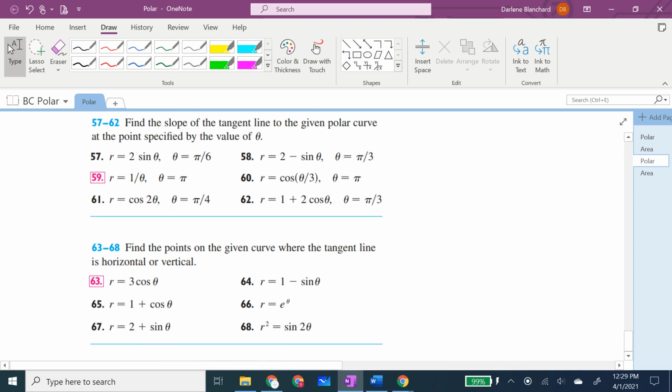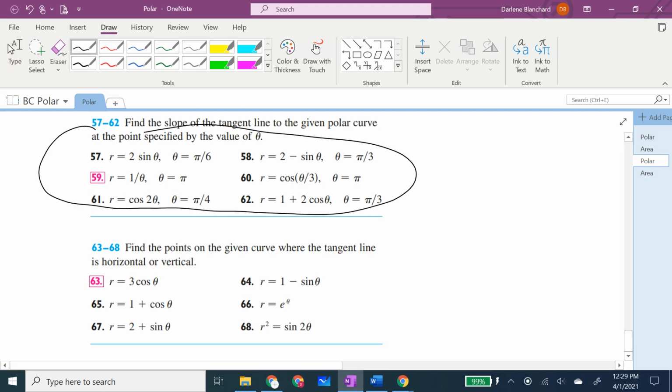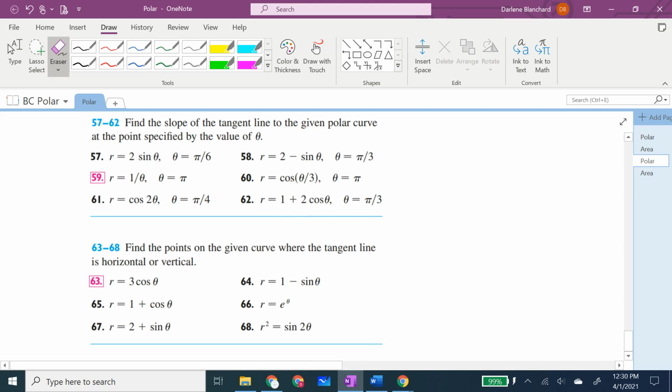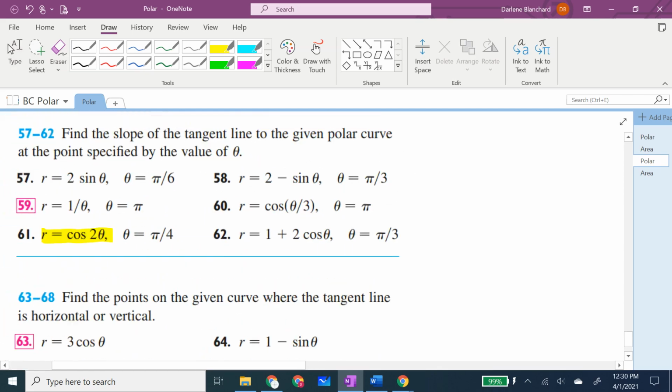With any of these functions here, these are just asking you to find slope at a particular theta. Some of these are easier, some are harder. Let's do this one, number 61.